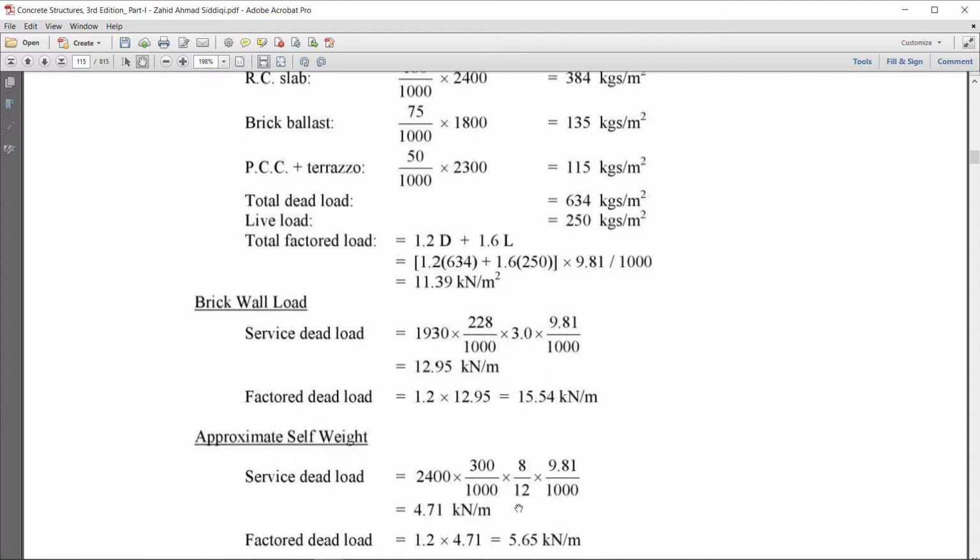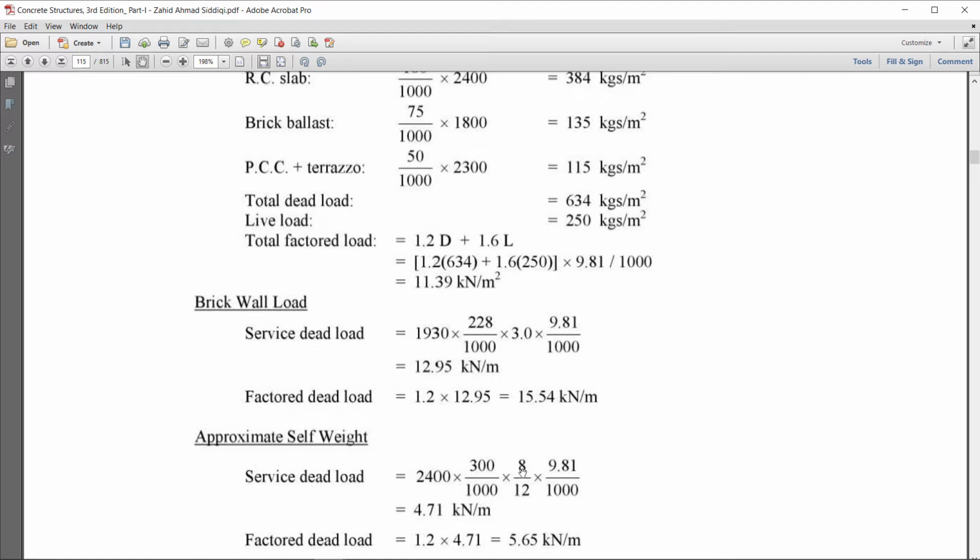Now the last load, that is the self weight of the beam. We do not know what the load will be after designing, even whether the width and depth satisfy or not. First, here is the approximate self weight, that is the 2400 density of reinforced concrete multiplied with width of the beam and the height of the beam. Width is 300 millimeter, height will be L by 12.